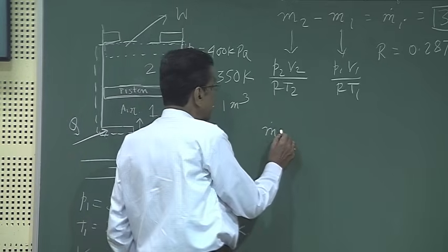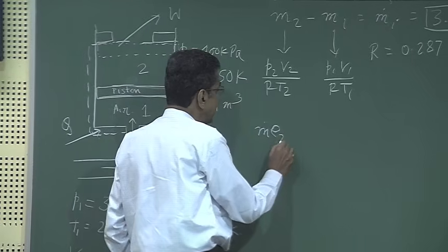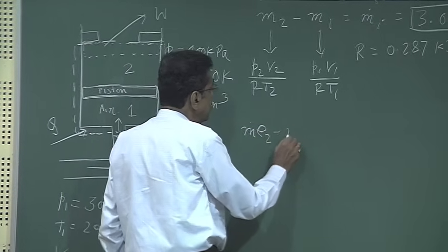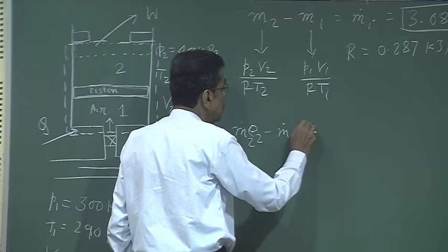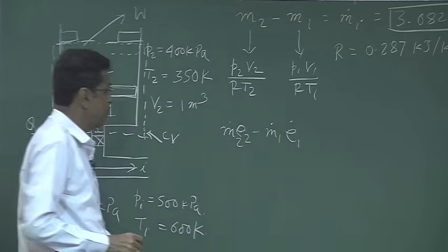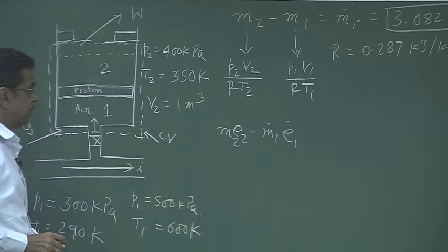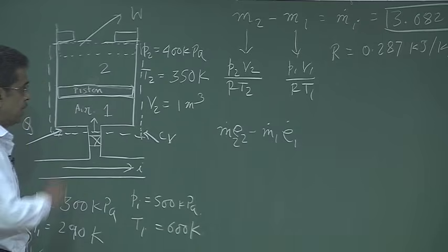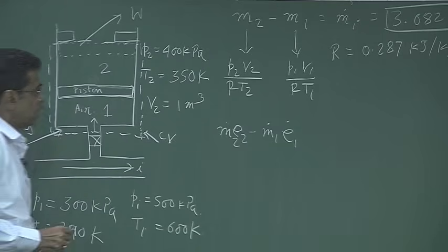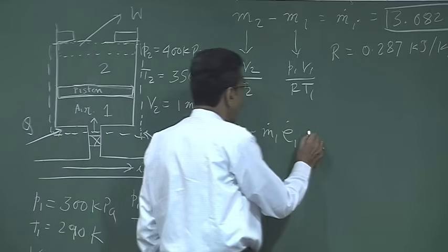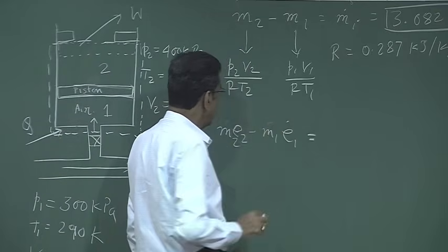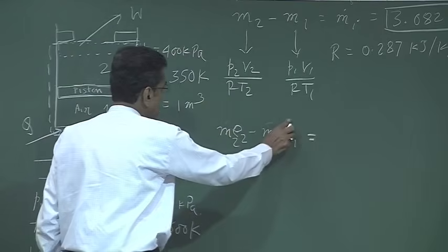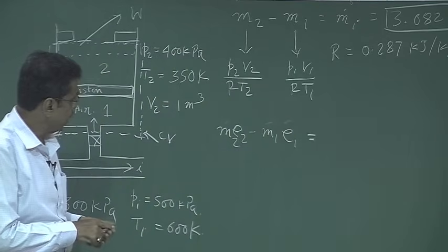Now the change of energy, E2 is the specific energy, M2 E2. The change of energy in the control volume equals what? M2 E2 minus M1 E1, or rather you can do it this way.